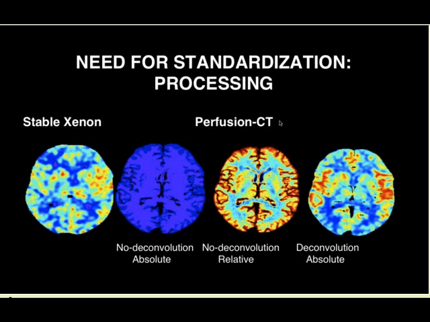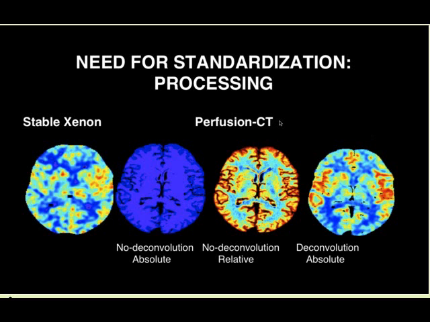So again, if I put those different images next to each other, you can see the gold standard on the left, the xenon CT, that's the truth, and you can see those different results in terms of perfusion CT. So again, the key message is that you need to know which type of software you are using, because depending on the type of software you are using, you are going to get different results.